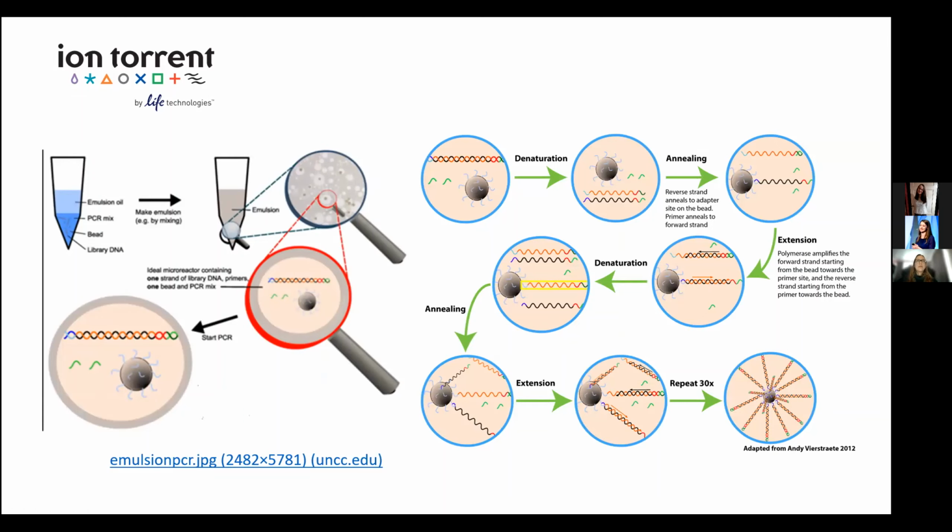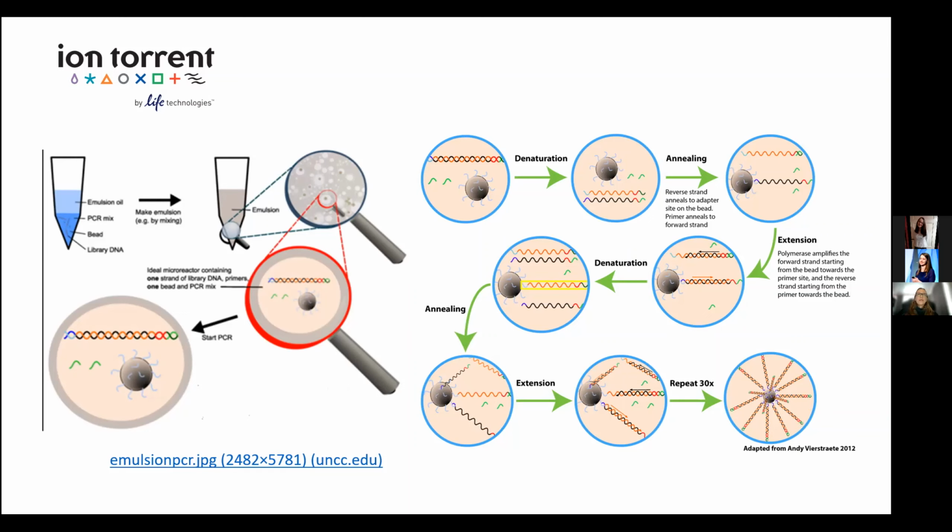During library prep, the DNA sample is fragmented and adapters are added, as in all the previous methods. Then the sample is added to a water and oil emulsion, which contains beads that are covered with oligos that are complementary to the adapters.